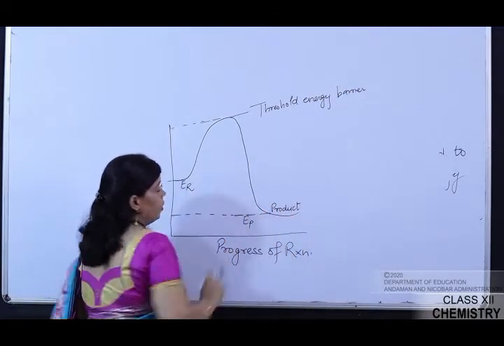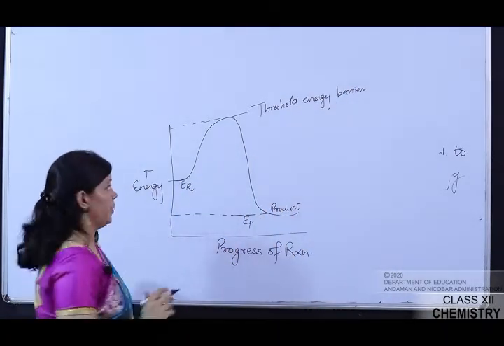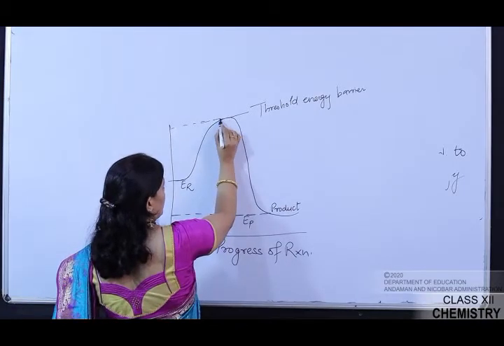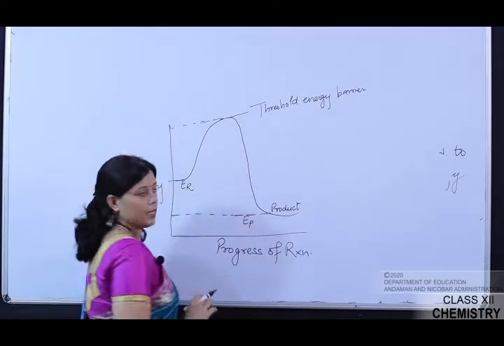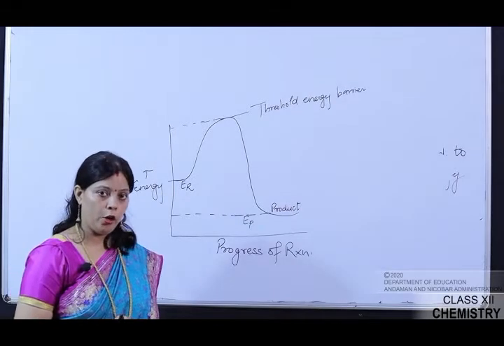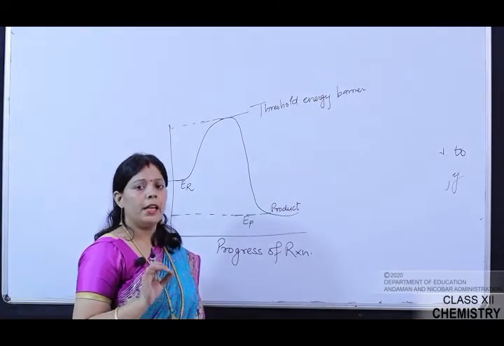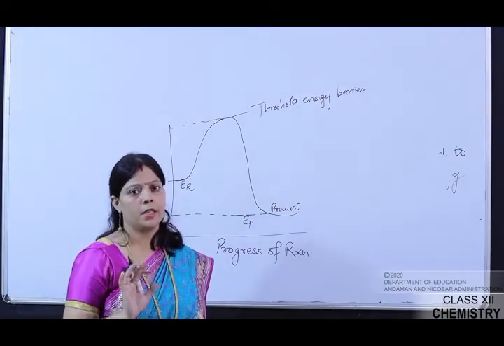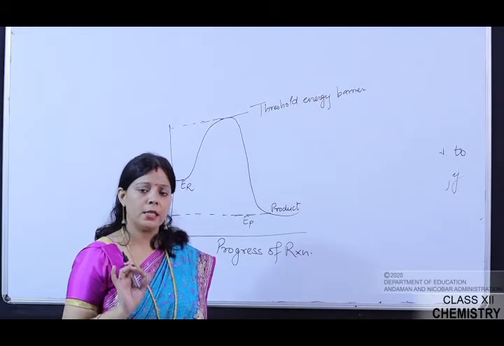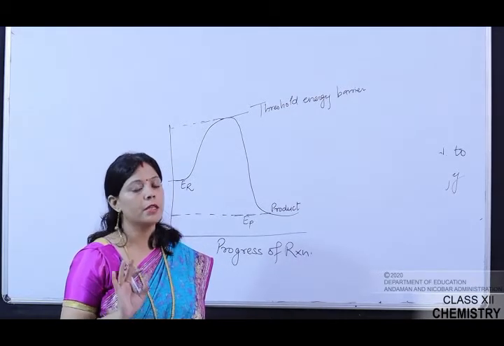So what is the activation energy? And here the transition state or the activated complex is formed. To form the activated complex or the intermediate, the reactant molecule must have a certain minimum energy, and that minimum energy is named as the threshold energy.